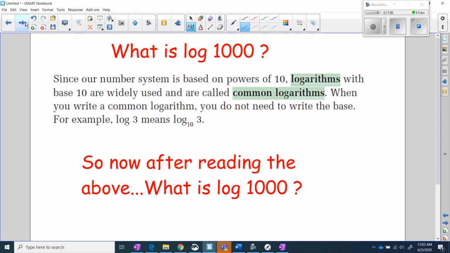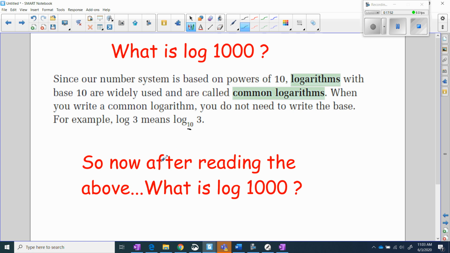There's something called common logs. Common logs are base 10 logarithms. Our number system, the metric system, is based primarily on number systems of 10. So if you just write out log 3 and you don't put any base here, it is understood that you mean 10.